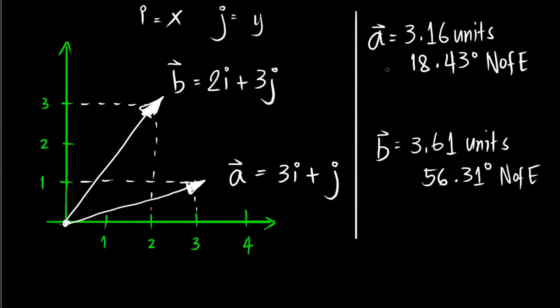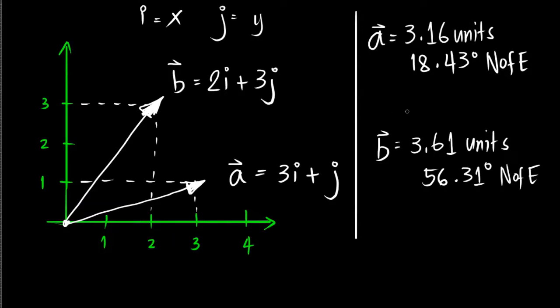Given here is our vector A. As you can remember, we represent our vectors as a certain letter, whatever letter you want, and a hat. Our given is 3.16 units for vector A, and its angle is 18.43 degrees, north of east.